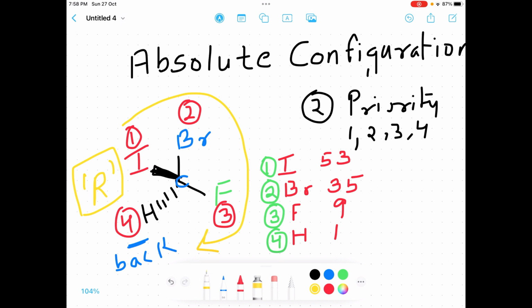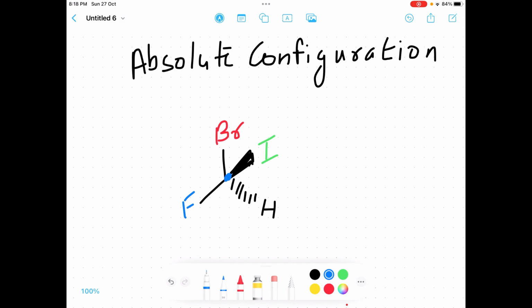I will also take the next example that will have S configuration. In this example, let's first assign the priority to the groups attached to the chiral carbon. Iodine will get the first priority based on its atomic number, bromo second, fluoro third, and hydrogen the fourth priority.